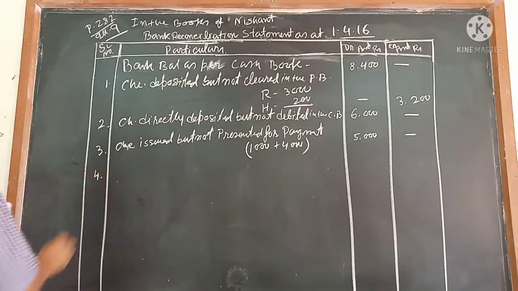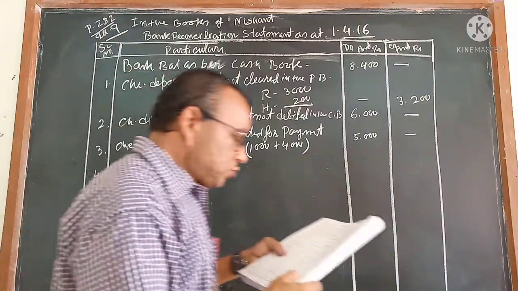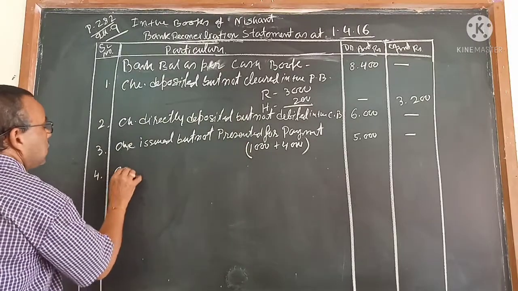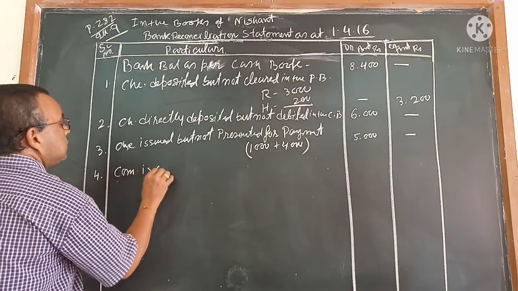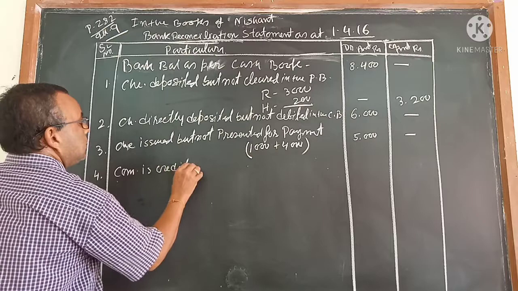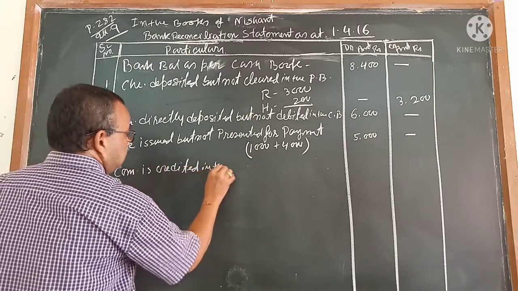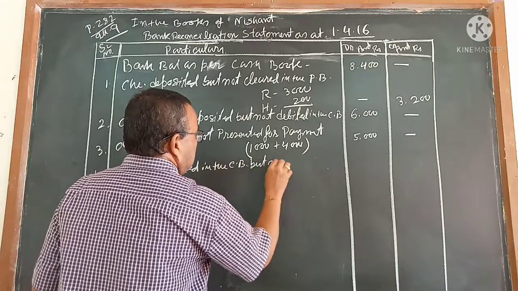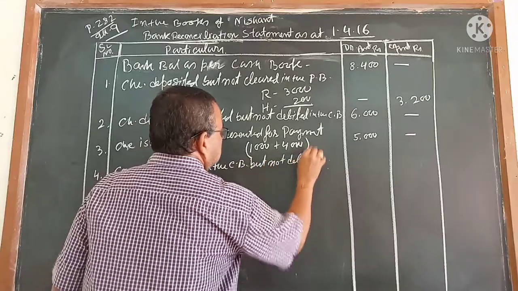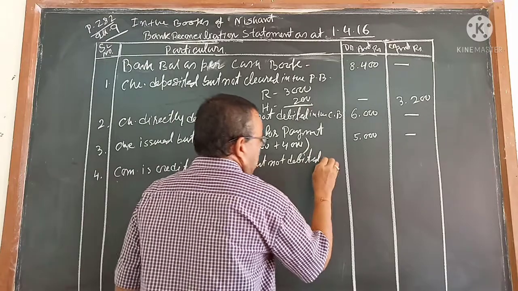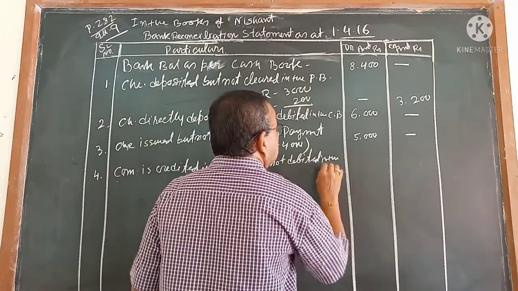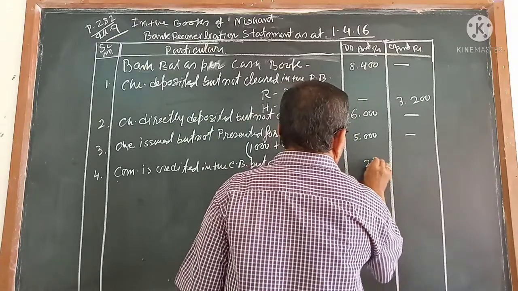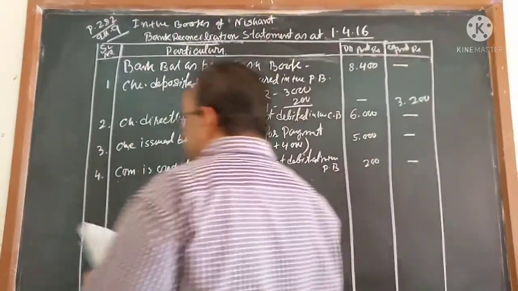Number 4, the commission of rupees 200 was credited but not debited. Commission is credited in the cash book but not debited in the passbook. So you have to debit it. How much? 200. Credited but not debited.